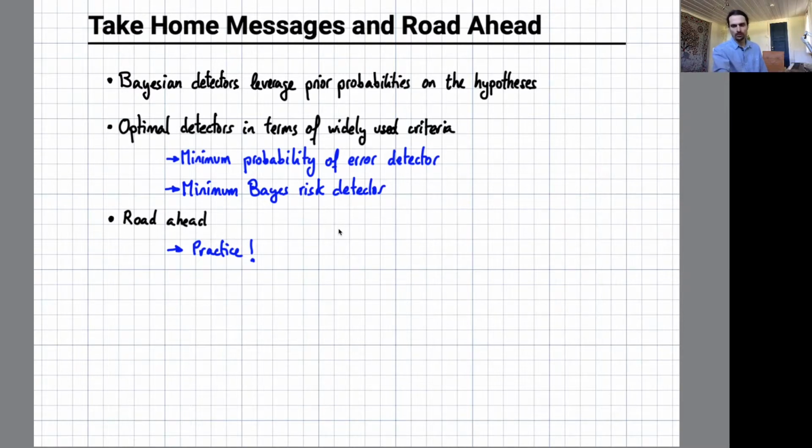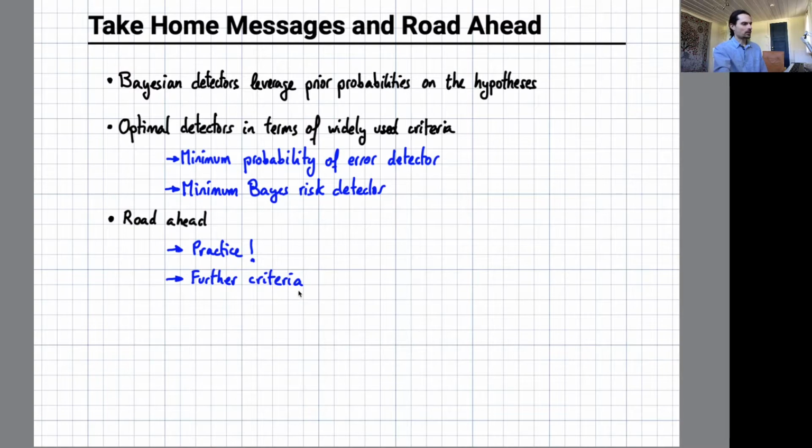We need to do many experiments. We also need to try to work out the derivations and everything that helps us with our understanding. We didn't look at any example of these detectors, so that should also be done.